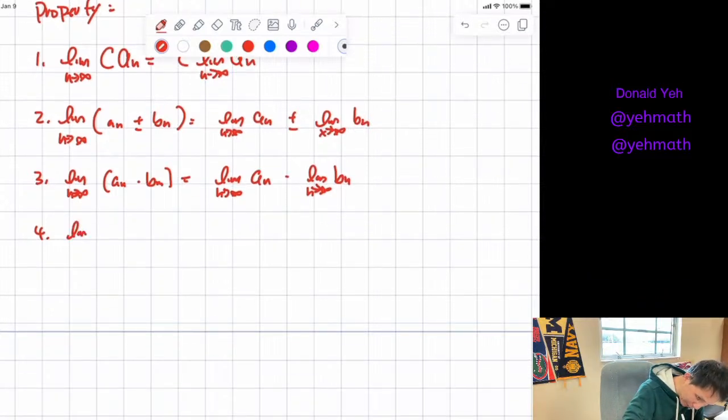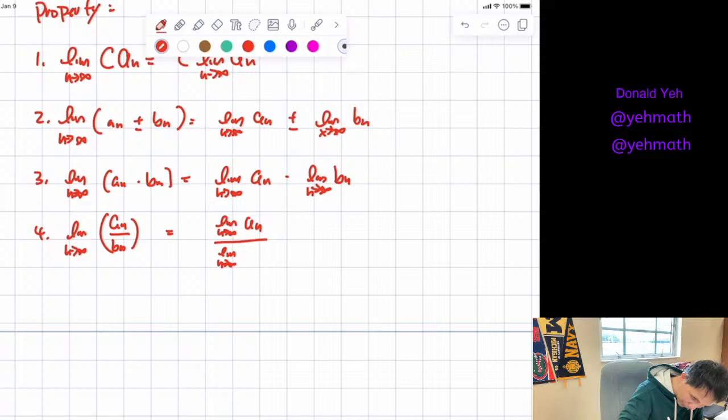Last one, of course, there's division involved. The limit of a_n over b_n is equal to the limit as n approaches infinity of a_n over the limit as n approaches infinity of b_n. But you have to make sure that b_n does not go to 0, because if it goes to 0, then it's undefined.